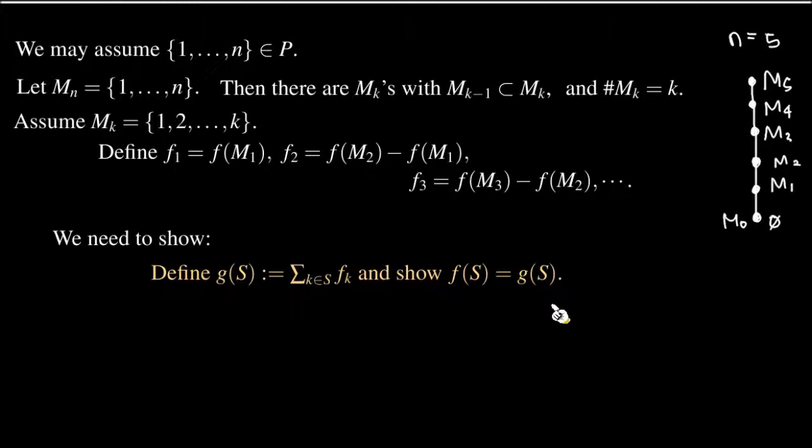I'd like to separate this function f, this idea, from that function f. F is already given, so I define g again. gs is going to be defined like this. You collect all the elements in there and add up the fj values whose index occurs inside this s.